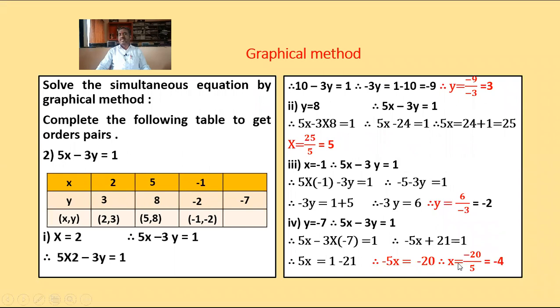Therefore, x is equal to minus 20 upon 5. 5 4s are 20, so x is equal to minus 4. Then the fourth coordinate point is minus 4, minus 7. In this way, we determine convenient four coordinate points of the given linear equation in two variables.